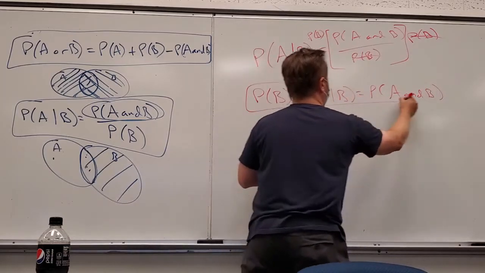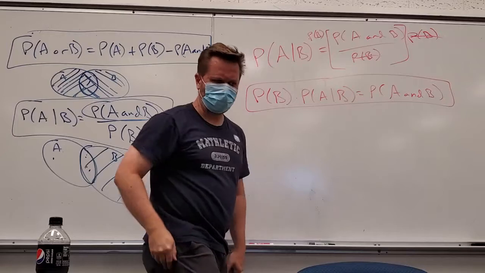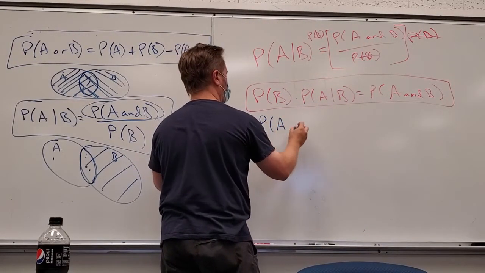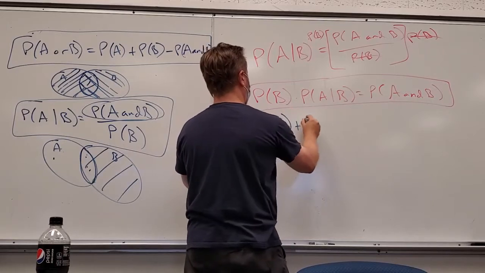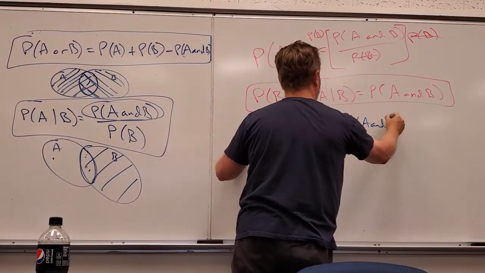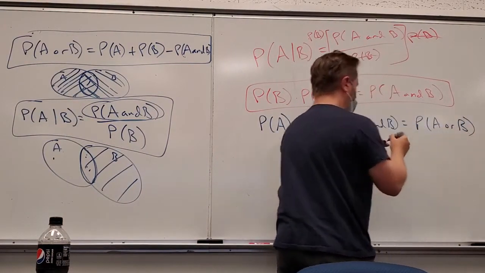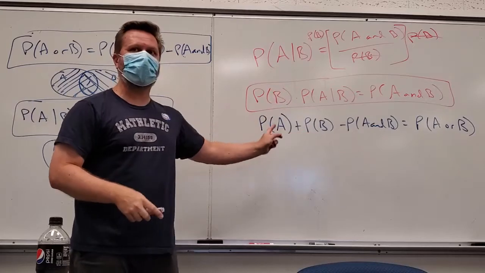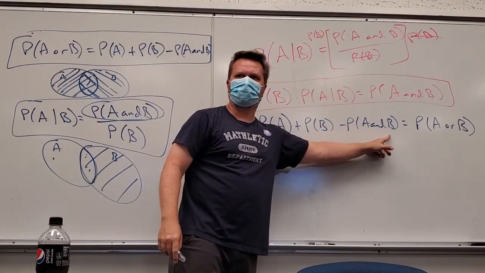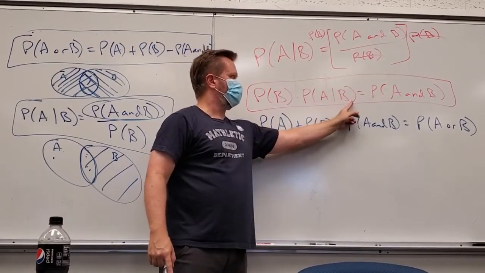Okay, here's the or, here's the and. Or is basically add, but it's got a little bit of an adjustment, yes? And is basically multiply, but it's got a little bit of an adjustment.